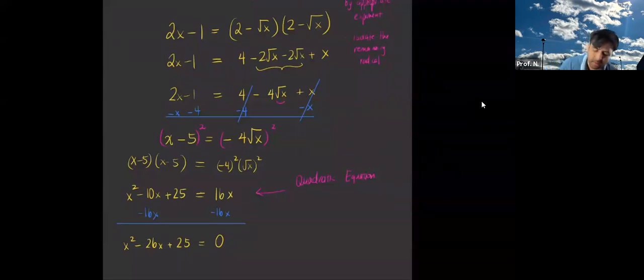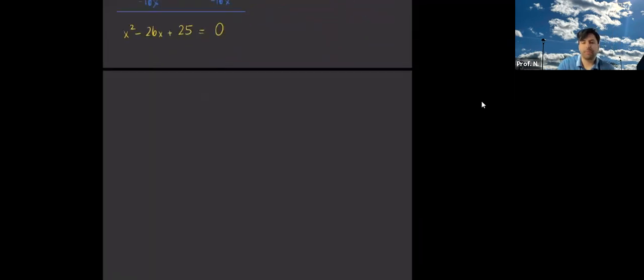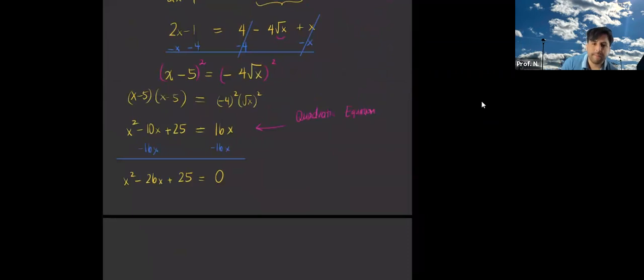And so I set my equation equal to 0. And now I have a trinomial equal to 0. And the question is, can I factor x squared minus 26x plus 25?